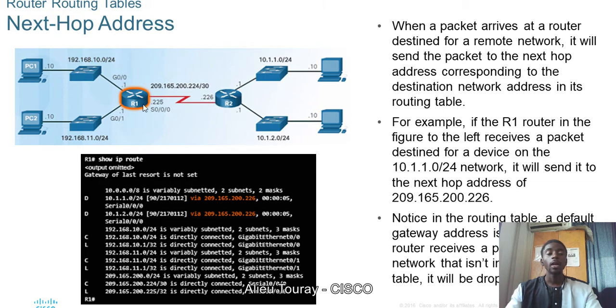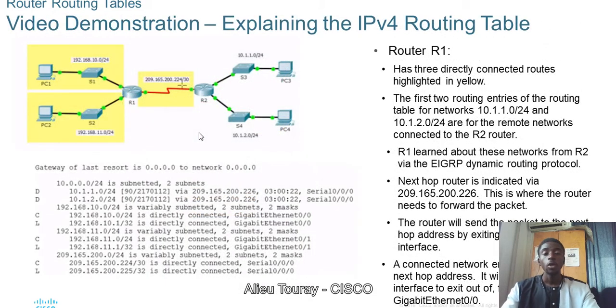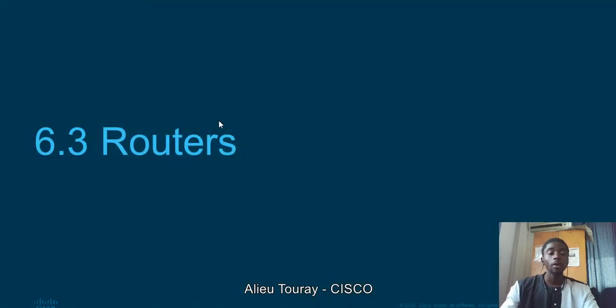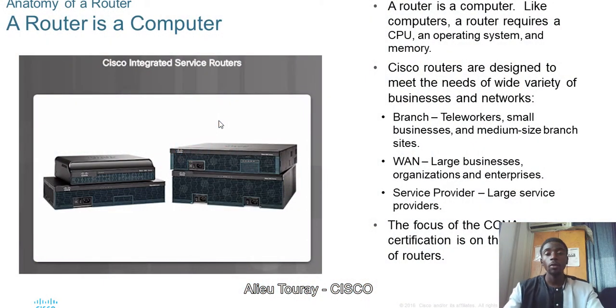So this is what we call next hop. Router 1's next hop is router 2's interface IP address, and router 2's next hop is router 1's interface IP address, on the same local network segment. Pay attention to this. I was explaining remote networks, and now I am talking about next hop. If you have any questions, ask, and I will give you the proper explanation.